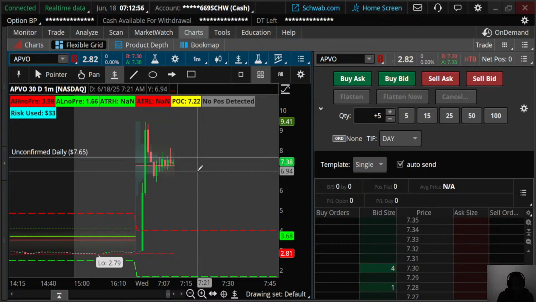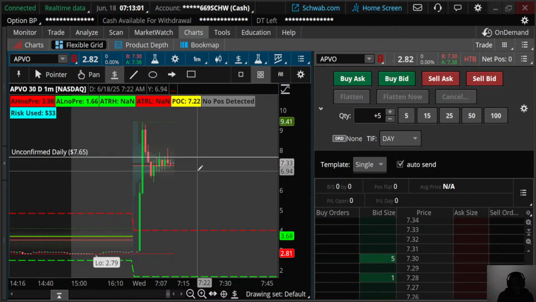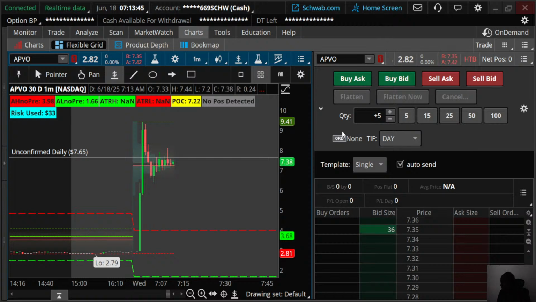Can it get a drop down through 725s? 10 seconds left. A lot of consolidation here.